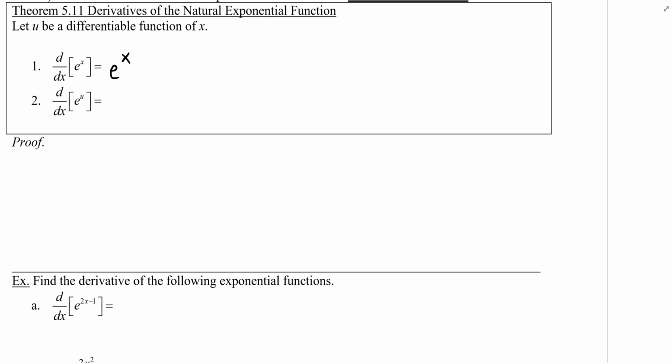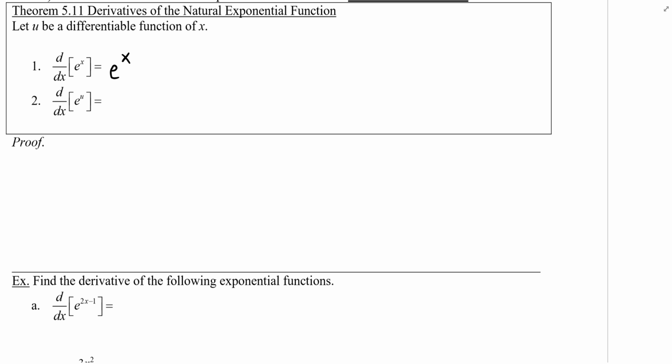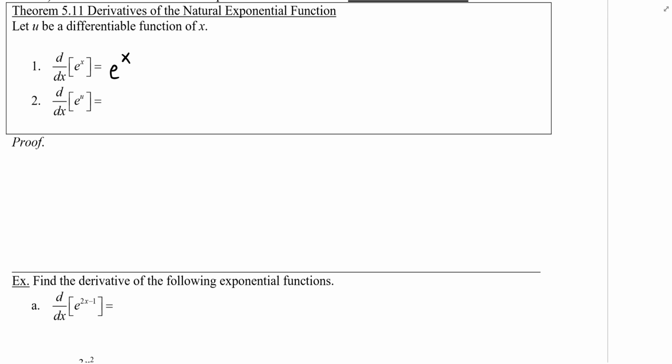Now to go on with the second rule. It's very similar to the first rule, except that now u is a differentiable function of x. u can be any function.